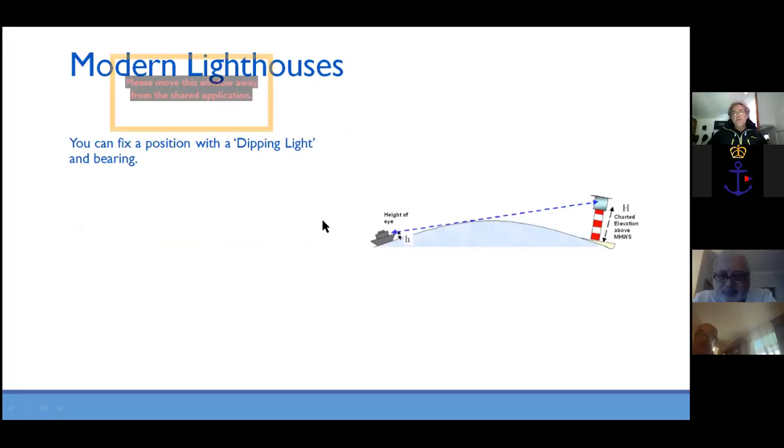You can also use a lighthouse with the charted height above mean high water springs, and then your eye height to work out your distance from the light. So therefore, you know the bearing to the light and the distance from the light, you can work out a position.